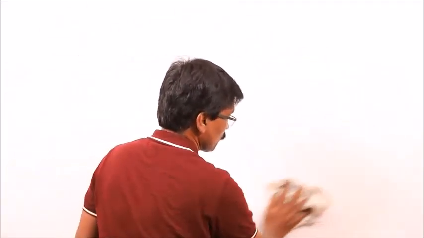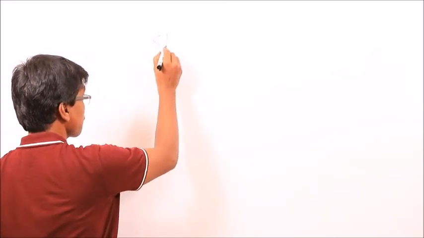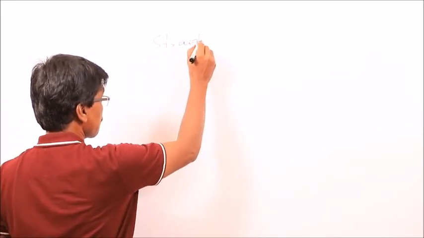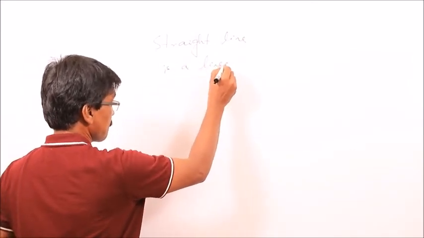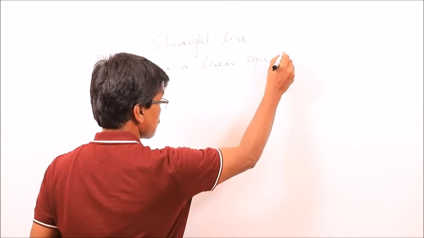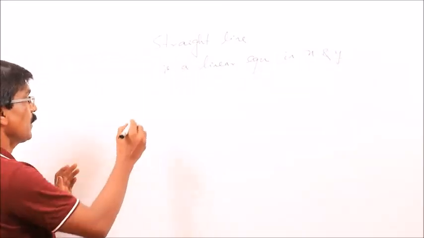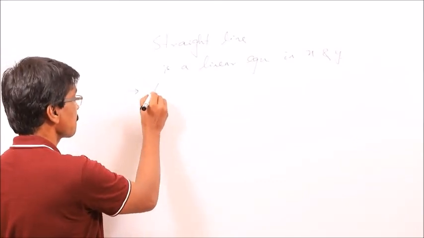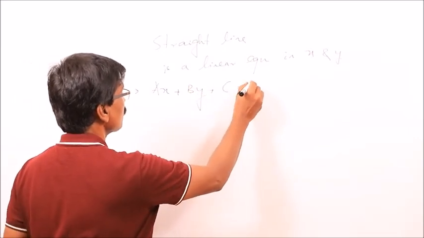So, finally, about the straight line: a straight line is a first degree equation in x and y, having the general equation ax plus by plus c is equal to 0.